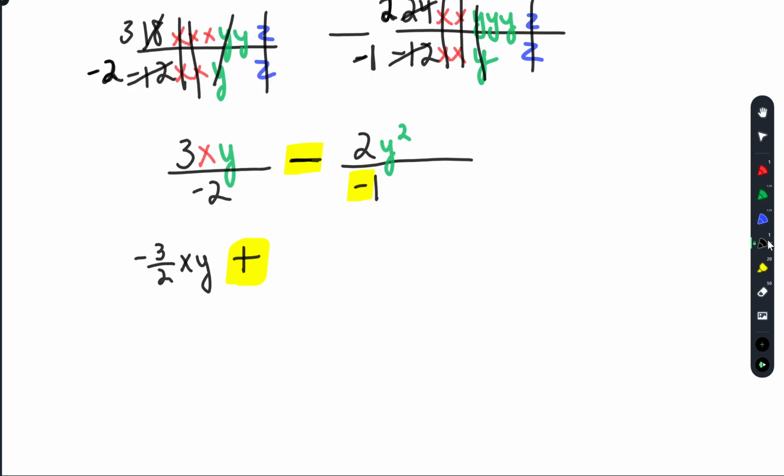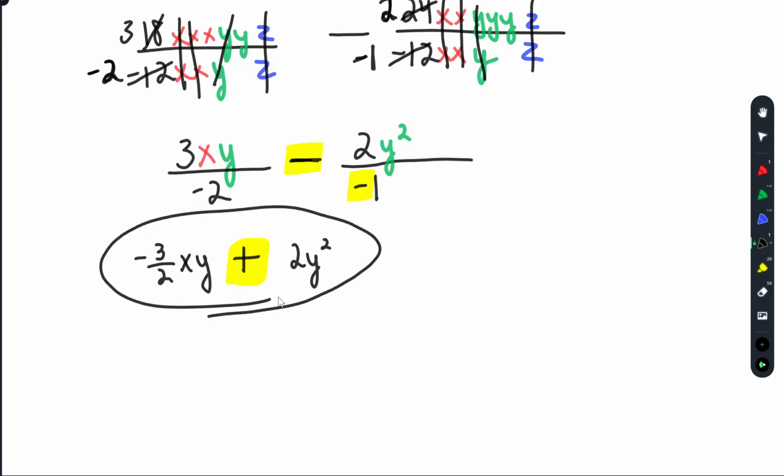And then what's left, because you don't want to divide by 1 because that looks kind of dumb, you would write it like this, 2y squared. Because it's dividing by 1, I didn't write that part. But the negative and the negative cancel out, so it turns into a positive. So the other way you might see this, again, you're at the mercy of multiple choice.